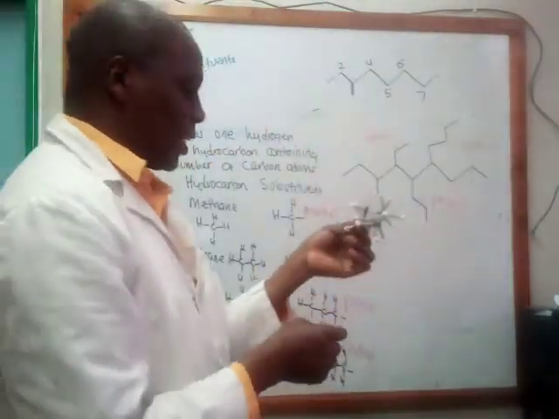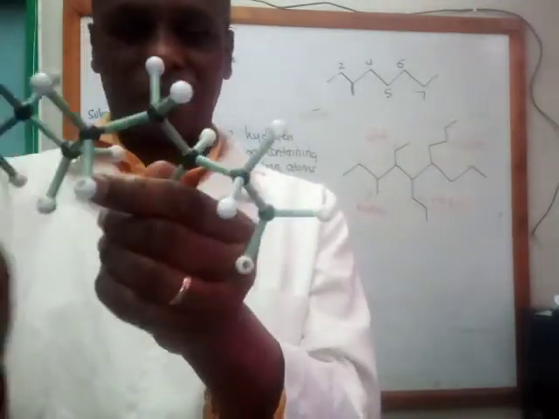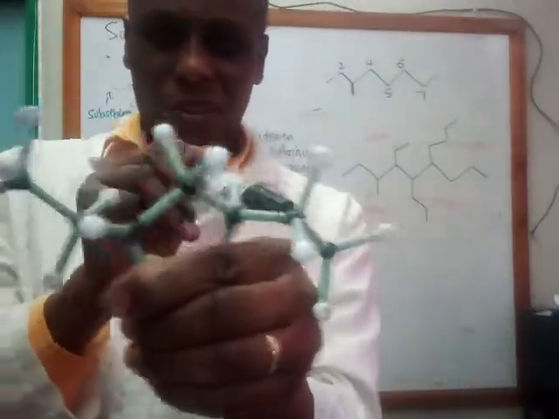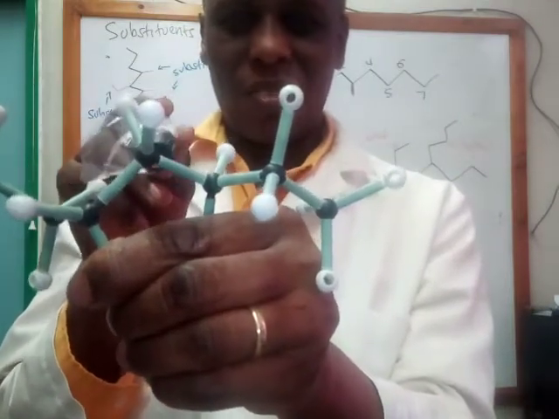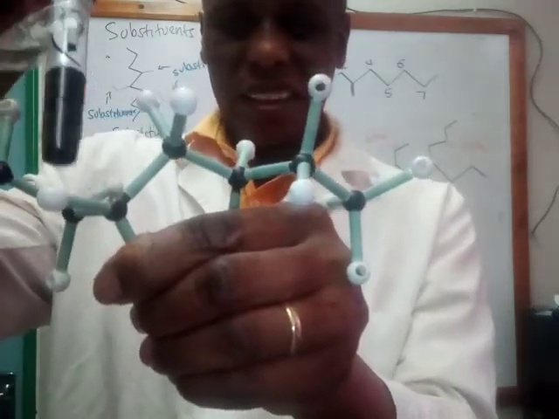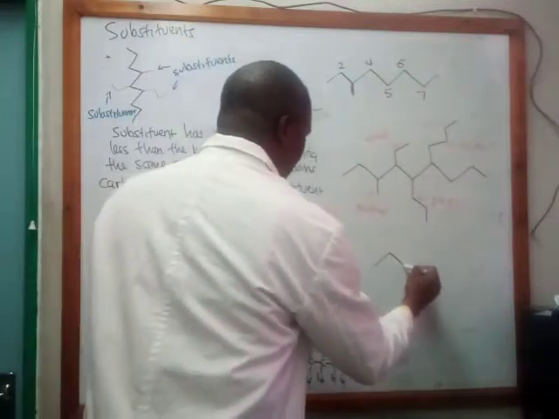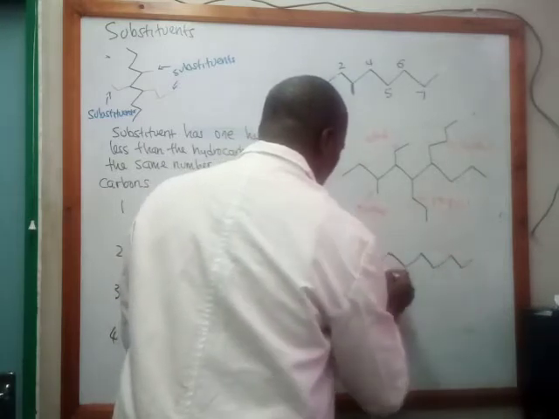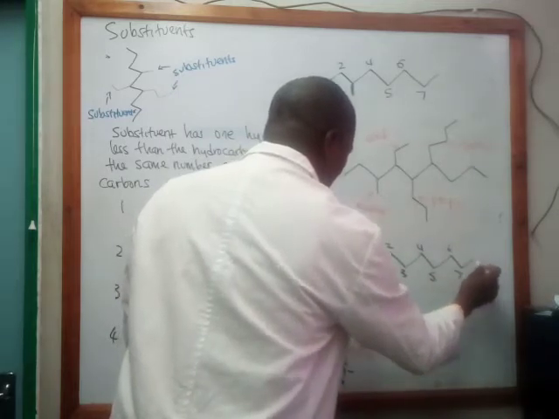So this is what I'm showing as 1, 2, 3, 4, 5, 6, 7, and 8 along my zigzag line. Is it clear?